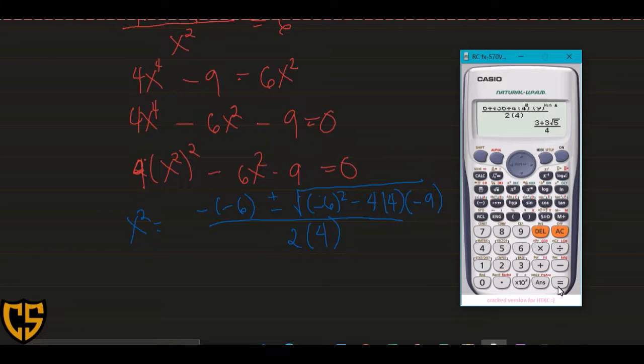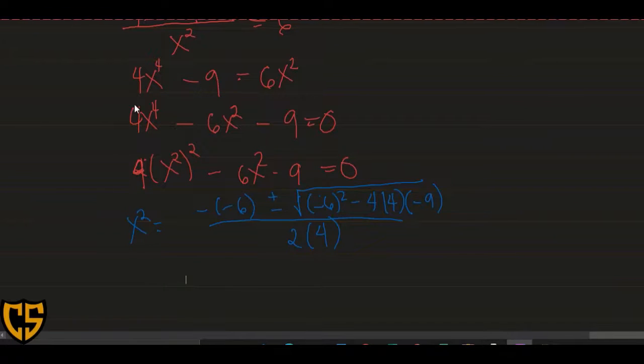Our x squared will be 3 plus 3 square root of 5 all over 4.